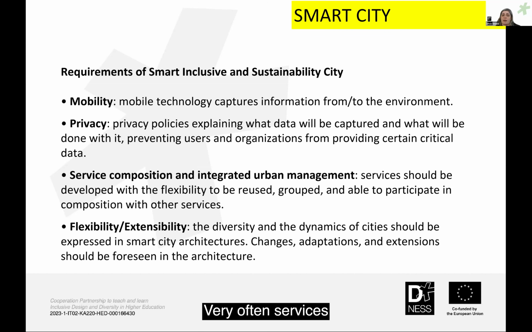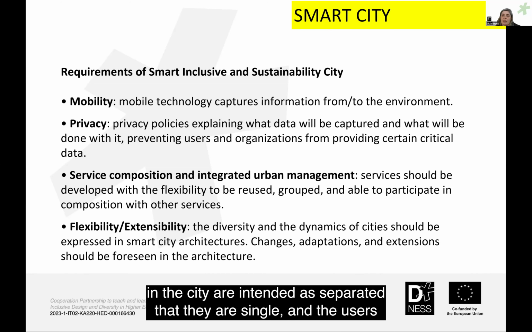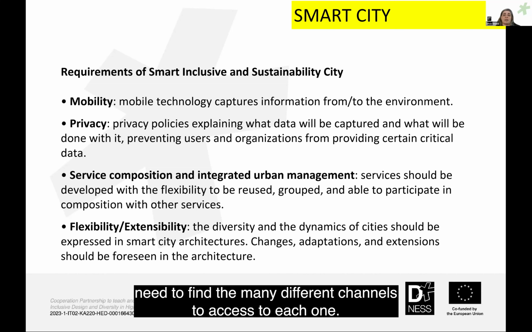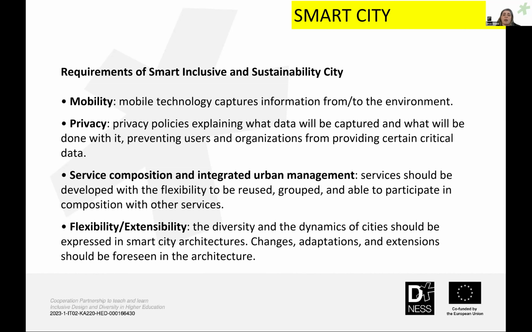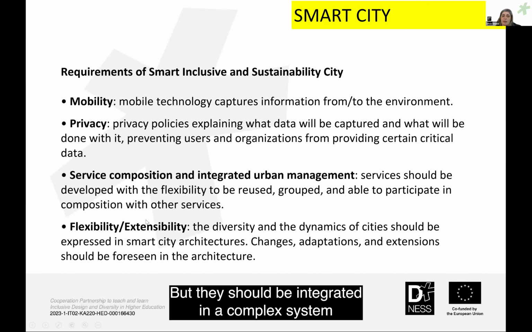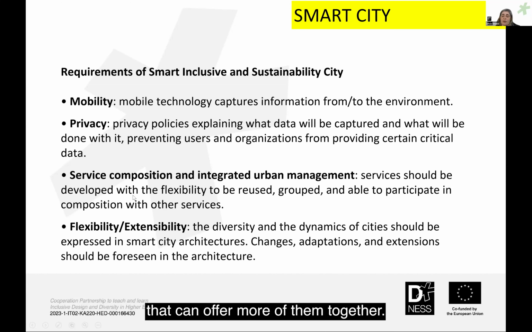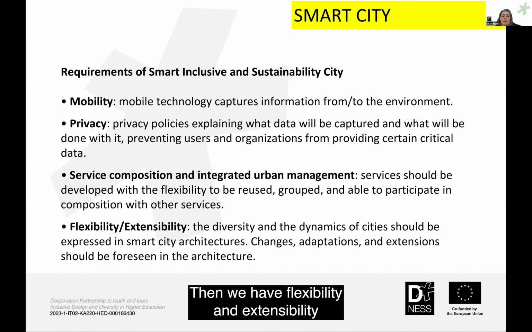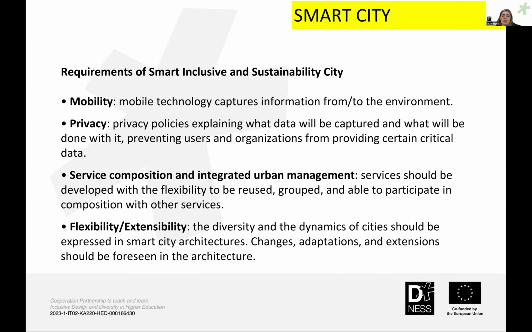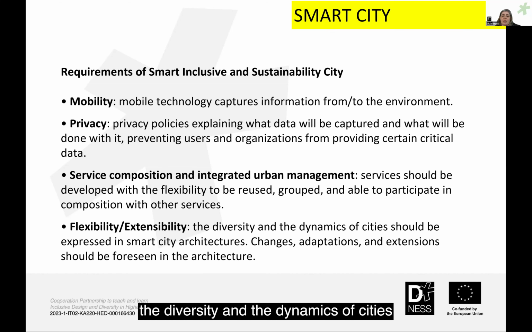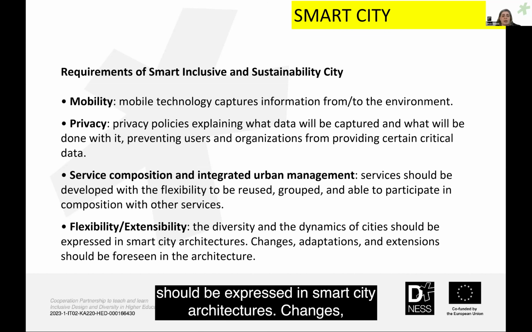Very often, services in the city are intended as separated. They are single, and the users need to find many different channels to access each one. But they should be integrated in a complex system that can offer more of them together. Then we have flexibility and extensibility. The diversity and the dynamics of cities should be expressed in smart city architectures.